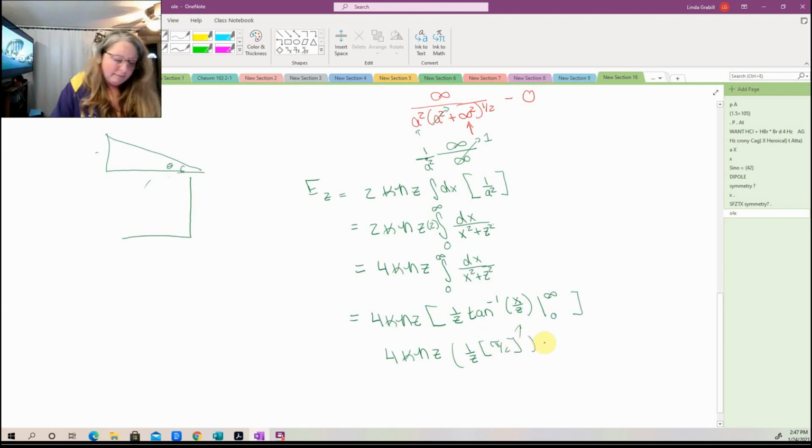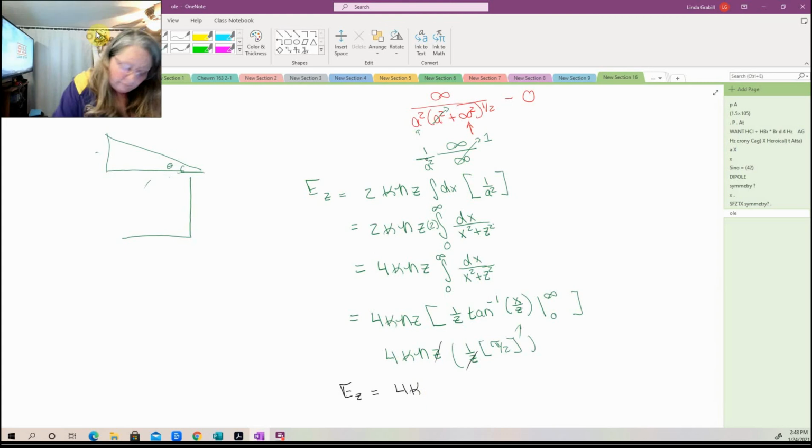Now let's simplify. My z's cancel out, and I get that my E in the z direction equals 4k eta times pi divided by 2.